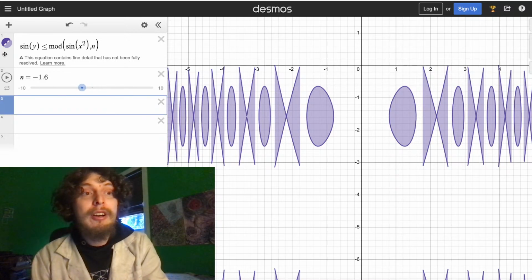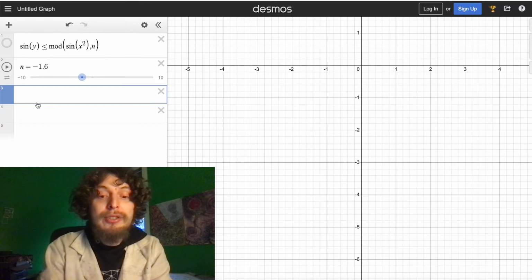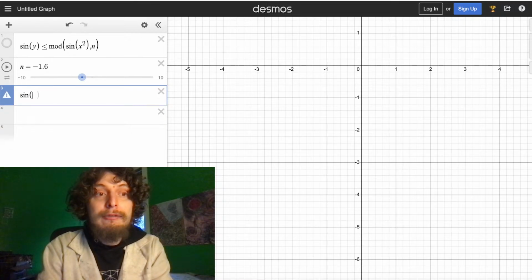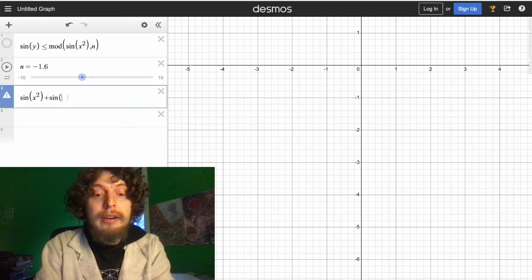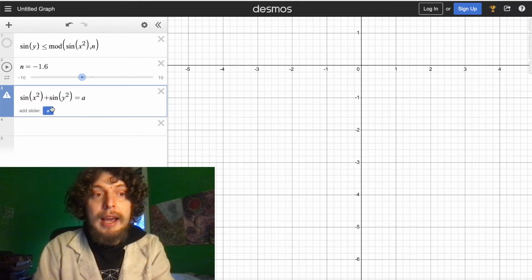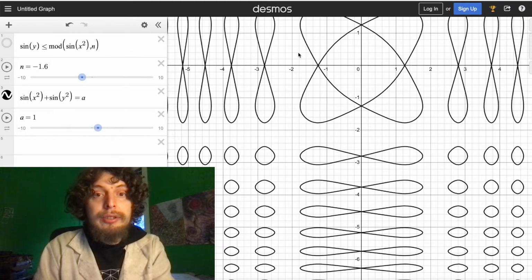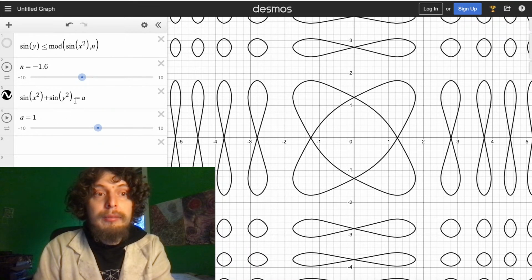Like, one of our classics, for example, was sine of x squared plus sine of y squared equals a. And is there a way we can put this in?